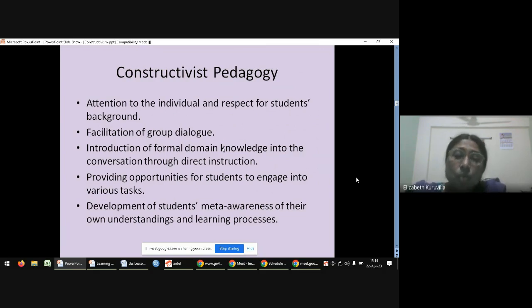Can any of you explain the meaning of meta-awareness? Any of you? Meaning of meta-awareness? Kuvuku Peter, can you explain meta-awareness? Kuvuku, are you there?